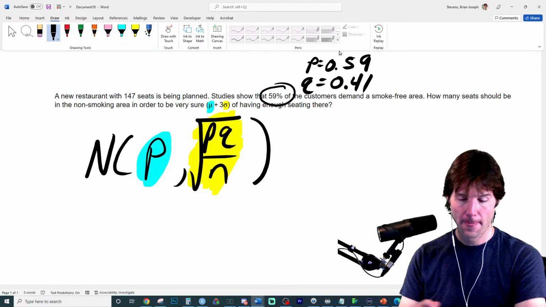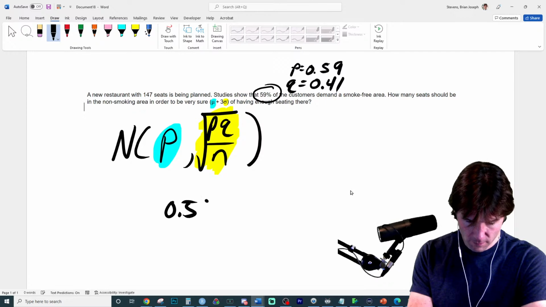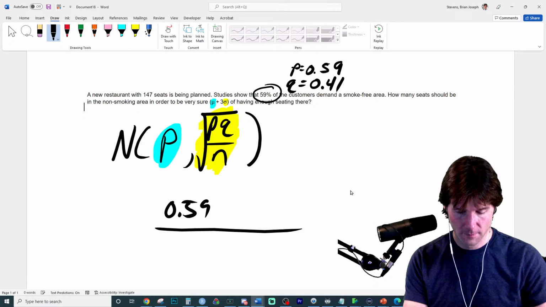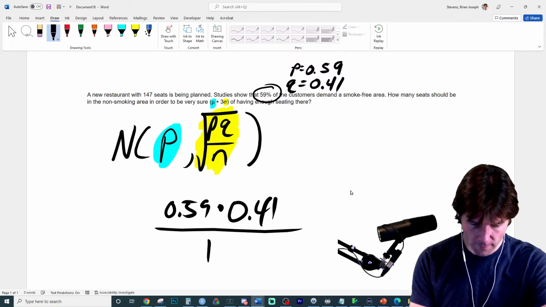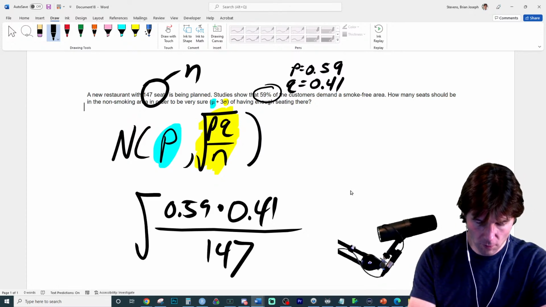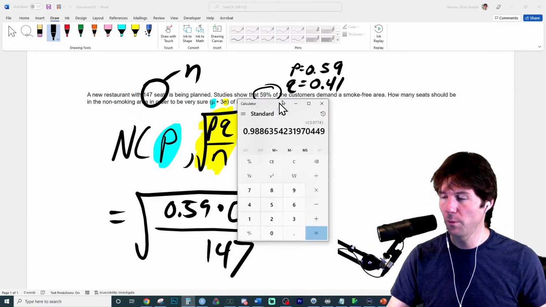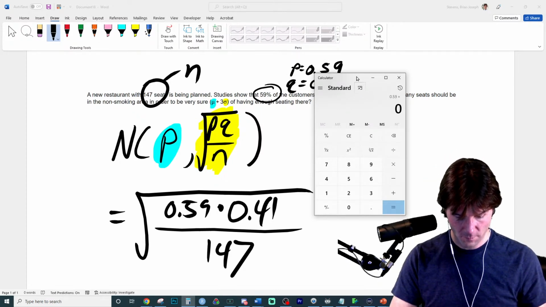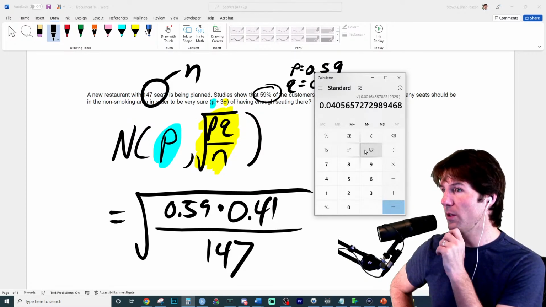So now we go in, and we need to find the square root of P times Q over N. And what do you think I'm going to do with this right now?